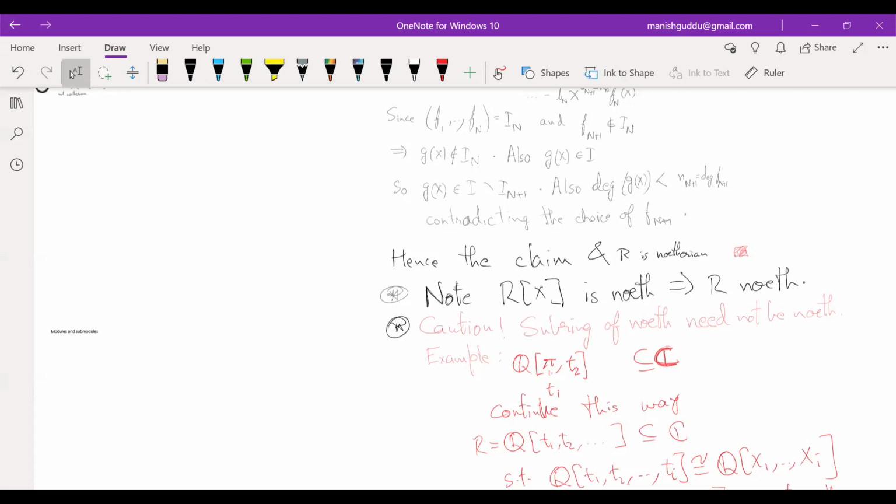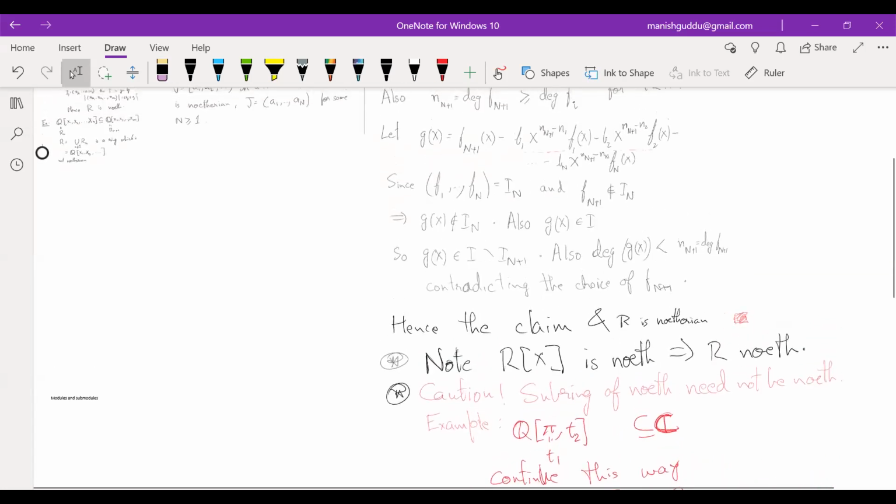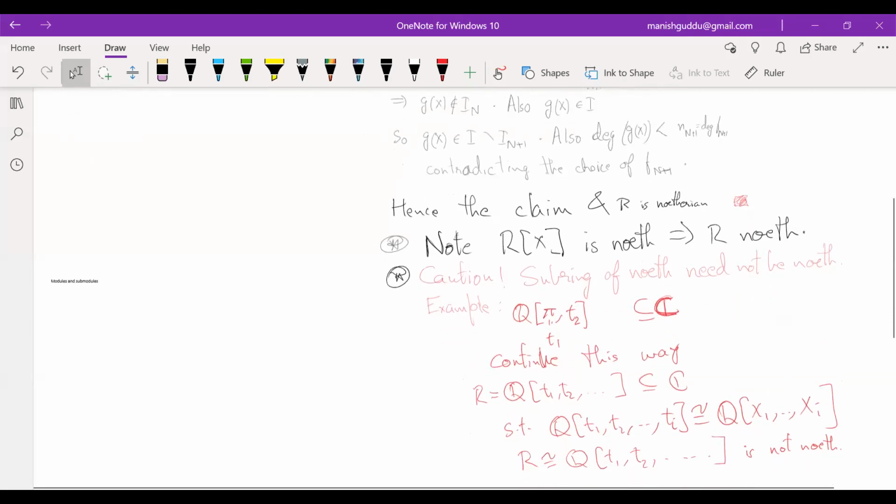And if this looks more complicated, you can always go to this example. But you can find subrings of C which are non-Noetherian. So this is what we will prove.